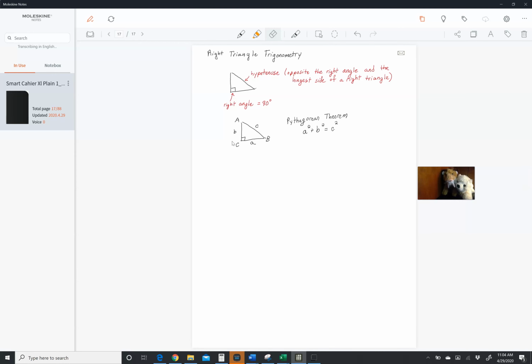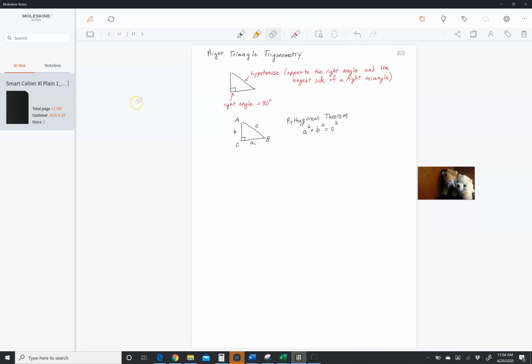You covered this a long time ago, and hopefully you proved it back then, so I'm not going to take the time to prove it here. If you do want to prove it, contact me during my office hours or send me an email. You can also look this up. So a squared plus b squared is equal to c squared, and that tells us the relationship between the three sides of a right triangle.